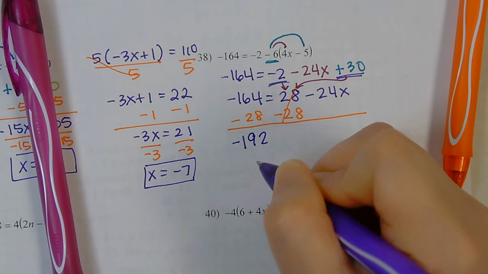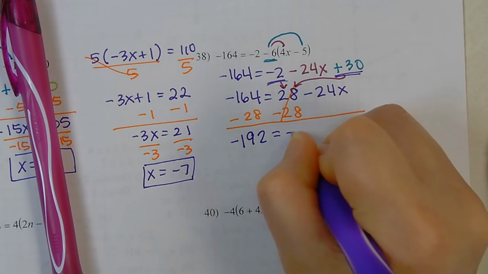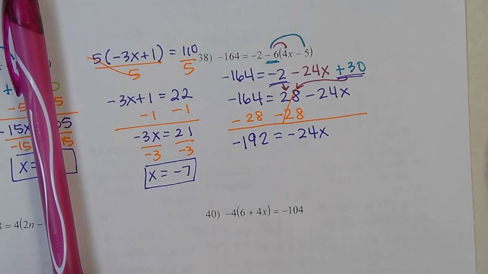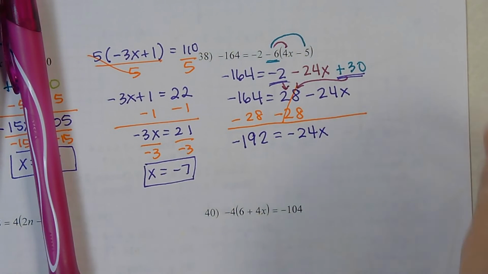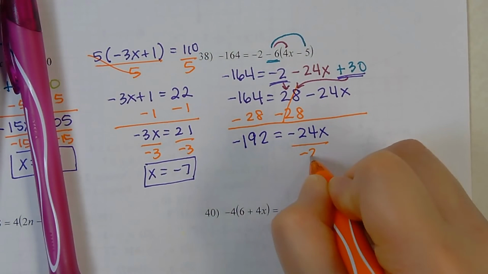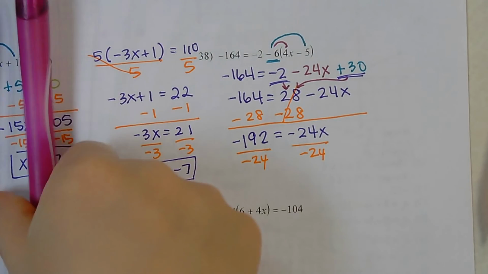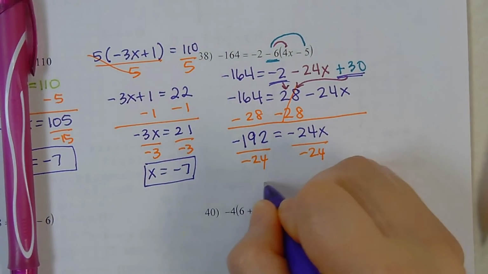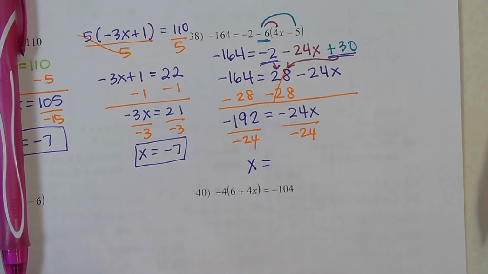Okay, negative 192 is equal to, and what we have left here is, don't forget, negative 24x. And again, we're still multiplying by negative 24, so I'm going to divide by negative 24. And I get x is, I'm just going to put my x on the left-hand side.